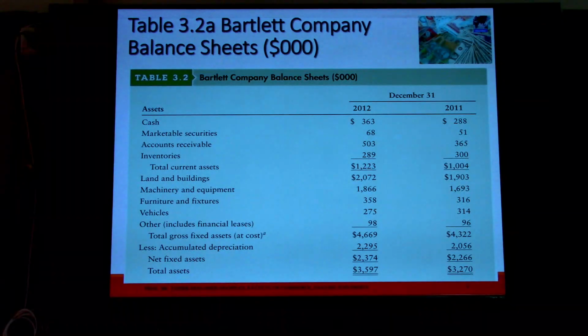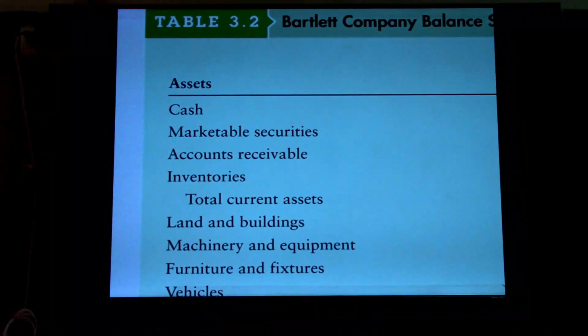This is an example of the balance sheet of a specific firm. First of all, we start with the left hand side, which reflects the total assets. The total assets can be divided into current assets or short-term assets and then fixed assets.